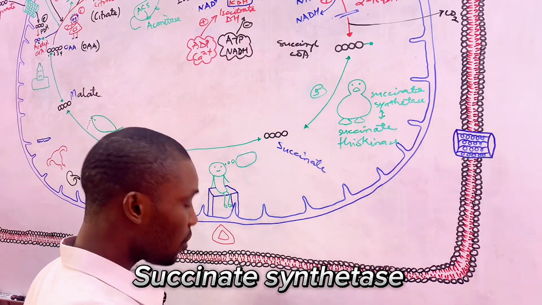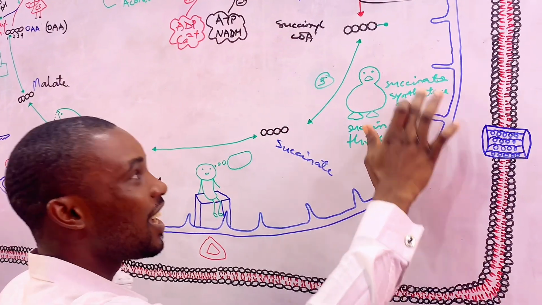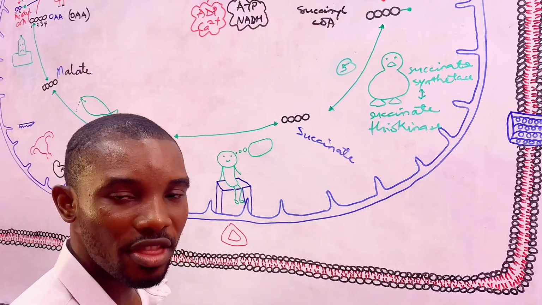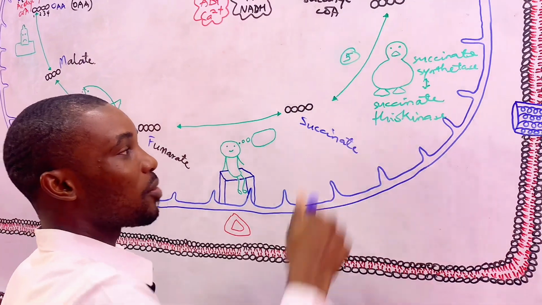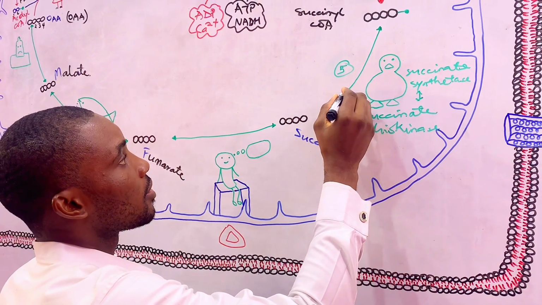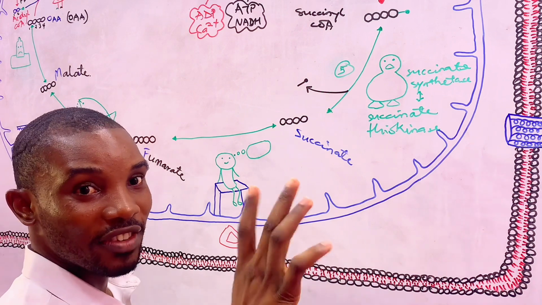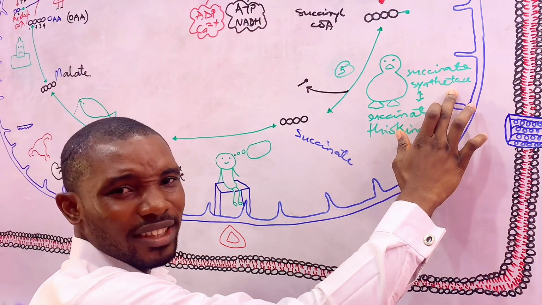So either succinate thiokinase or succinate synthetase, and it converts succinyl CoA to succinate. CoA is leaving, so we have to remove it over here. CoA is being given off, and then you have succinate synthetase.